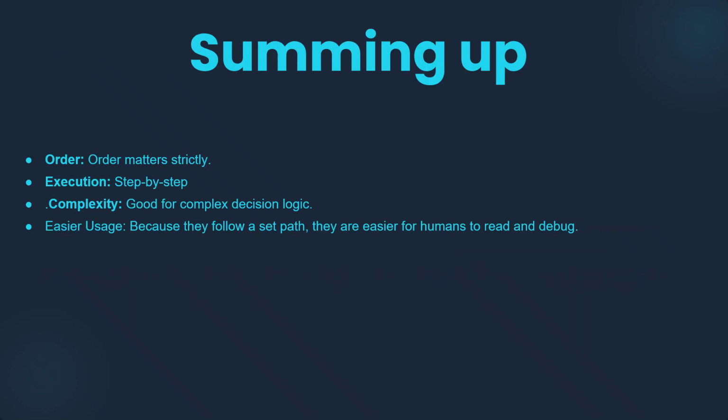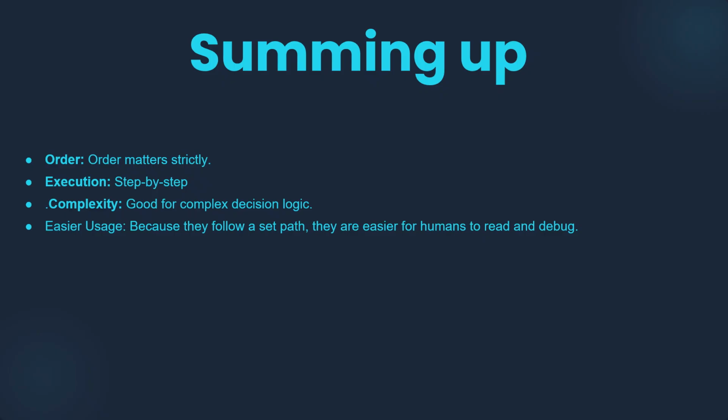Summing up, we can say that in sequential programs using sequential statements, order matters strictly because it will follow the same order in execution as well. Execution is step by step, and this ensures that the program that is built is very simple.